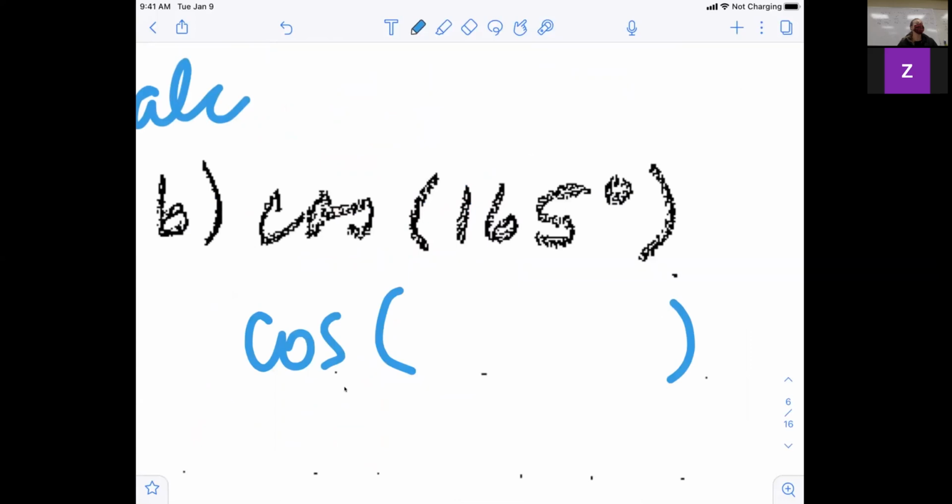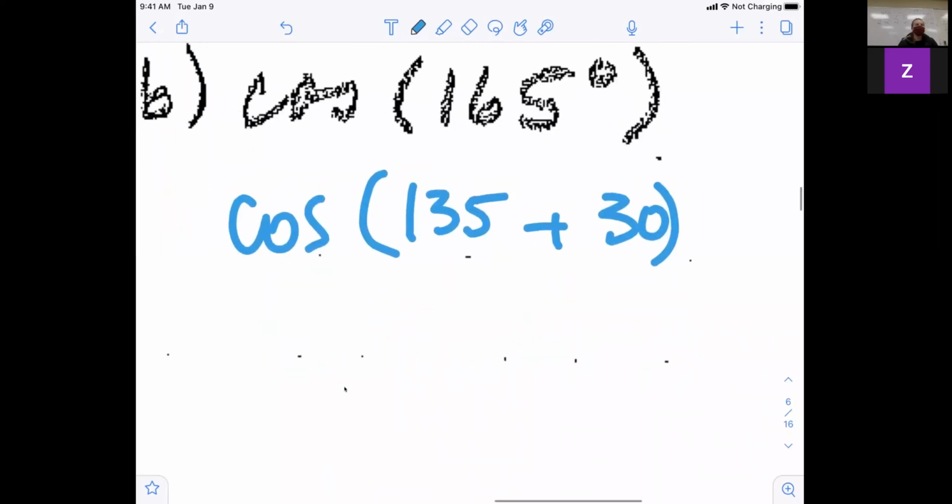There are two angles on your unit circle I could add or subtract to get to 165. Yeah, exactly, Becca. 135 and 30. That's the one I thought about. Did anyone think of different angles? Okay, that's fine. When I ask you to find it exact, you have to find it on your unit circle. 115 is not on our unit circle, so you're not going to get to use that.